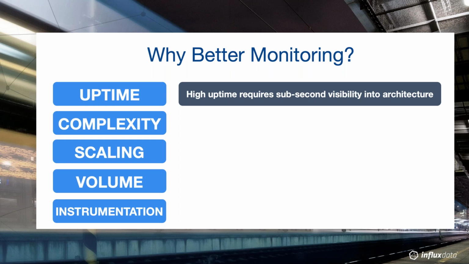And this high uptime requires sub-second visibility into the architecture, because 99.9% the chances are that you are deploying it on a cloud infrastructure. And one of the biggest benefits of cloud is that you need to figure out what is working, what's not working, do you need to scale, how do you troubleshoot. All of that requires sub-second visibility.